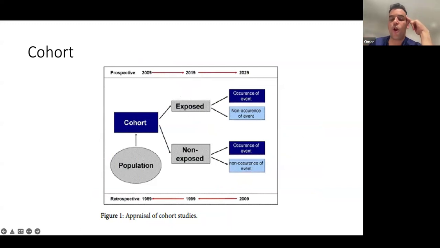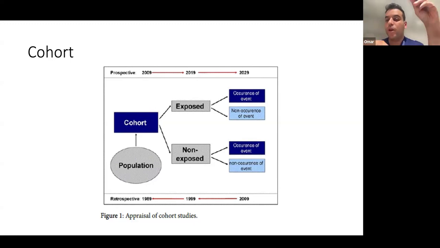When we look at a cohort study, we've got a population, and we're usually following them up prospectively. In a cohort study, you compare your exposed group to your non-exposed group. For example, I've got a cohort study in the NJR, and I want to compare unicompartmental knees to total knee replacements.